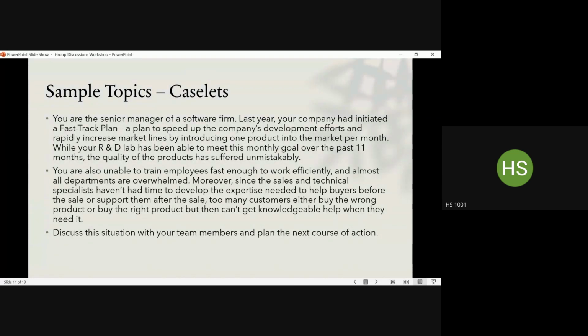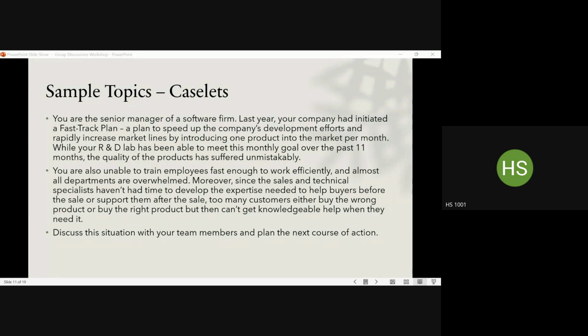So, this is very much in relation to a particular business. You are trying to put new products into the market per month. Your R&D section has been able to deal with this challenge, but the quality of the products has been going down.